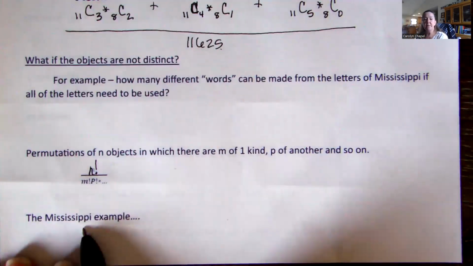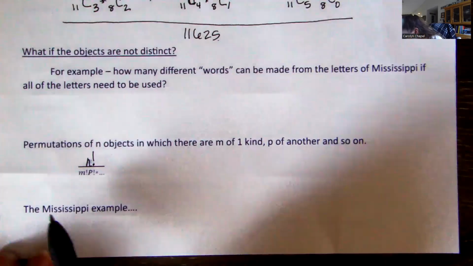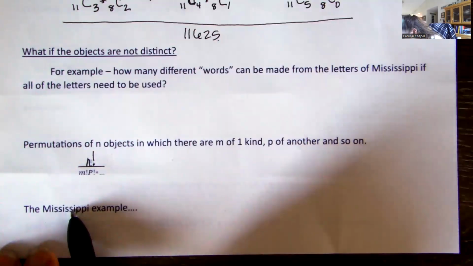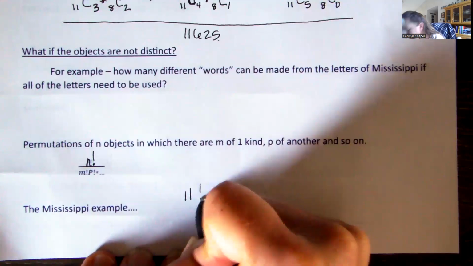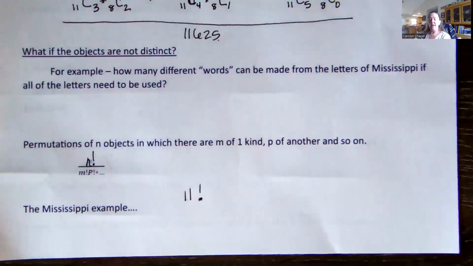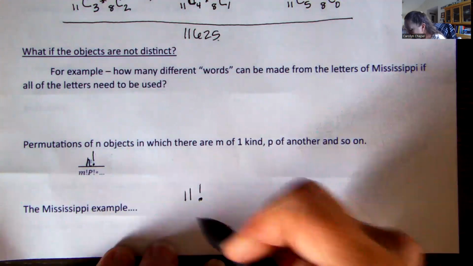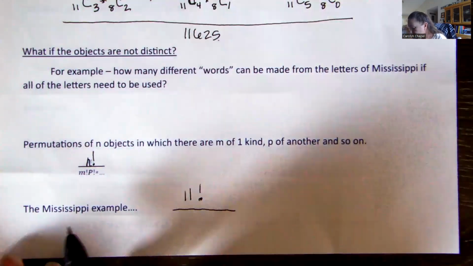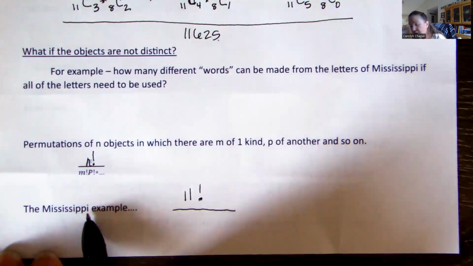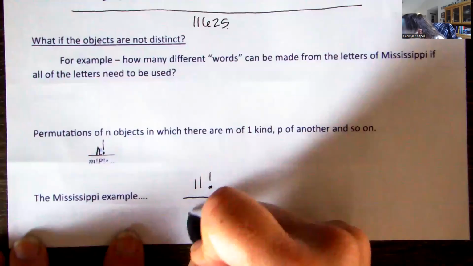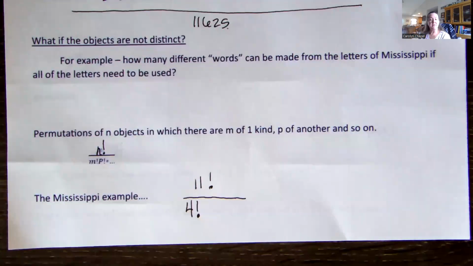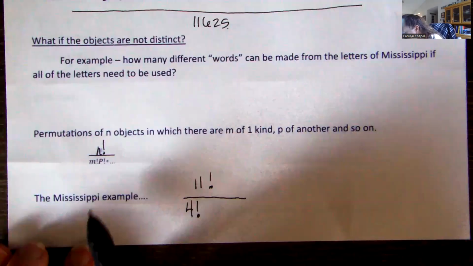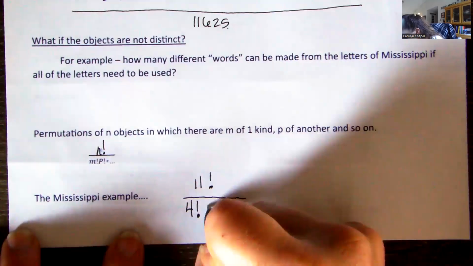For our Mississippi example, we have 1, 2, 3, 4, 5, 6, 7, 8, 9, 10, 11 different letters. So we could rearrange them 11 factorial ways, but some of them look the same. We had 4 I's, so I want to take out the 4 factorial repetitions of the I's. We had 4 S's.